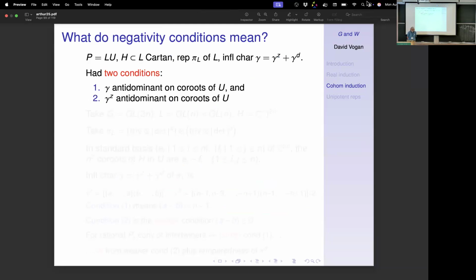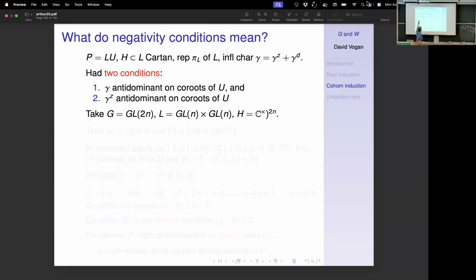One, gamma being anti-dominant on the co-roots of U, and second, the central part being anti-dominant on the co-roots of U. To see what these conditions look like, I lost a left parenthesis here.